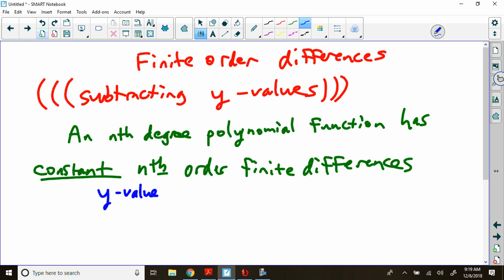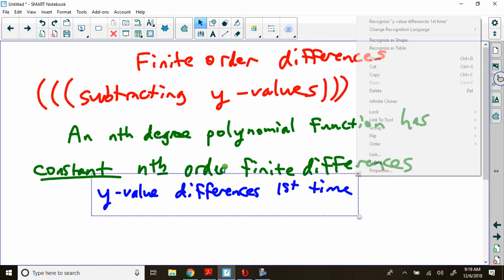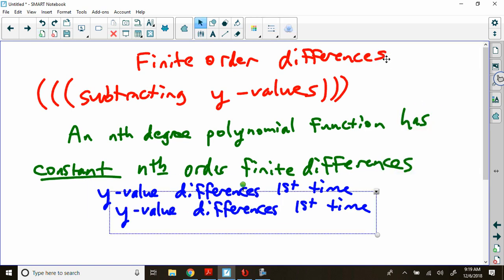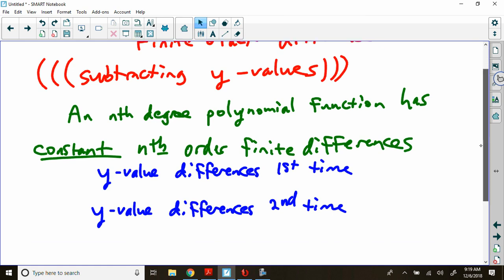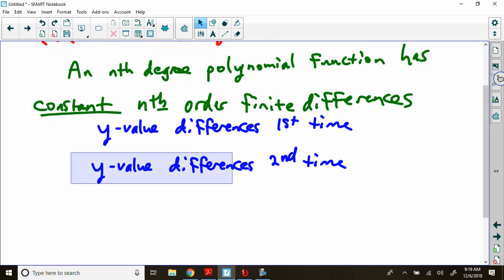The y value differences the first time. I'm going to clone this. The y value differences the second time. And I'm going to clone this.